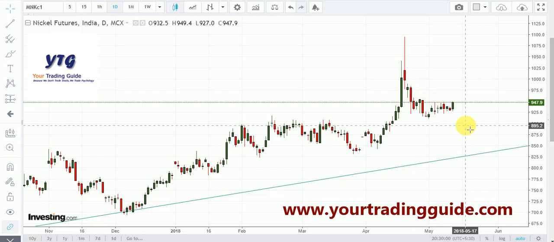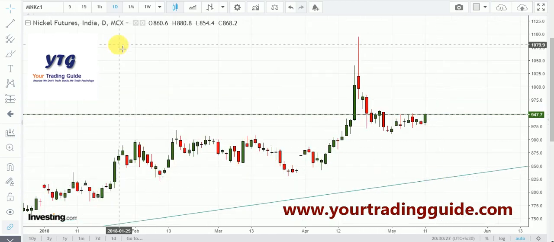We have gone through the weekly and monthly charts, and it is moving up, meaning on the bigger time frames the trend is up. If the trend is up and on the daily chart I got a consolidation, ideally my strategy should be to become a buyer. And to buy, let's go to the hourly chart.